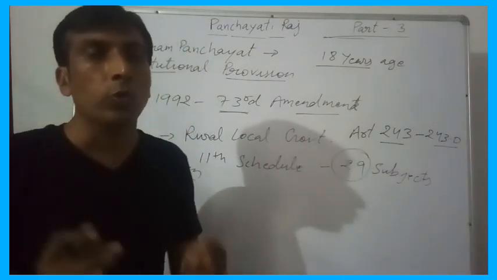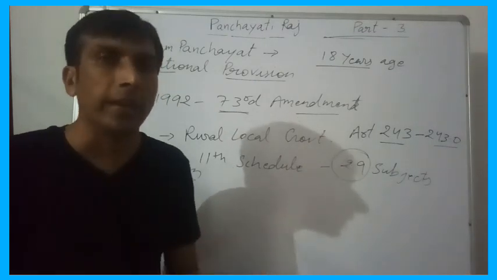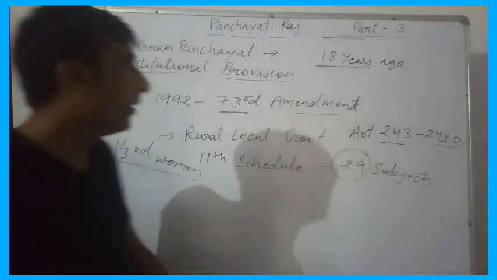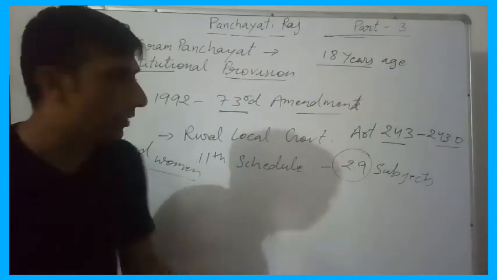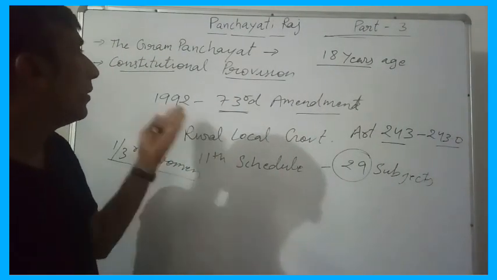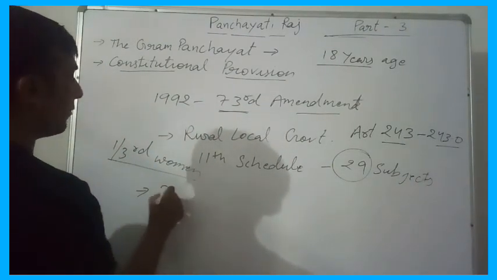So this was called the Rural Local Self Government Act, or 73rd Amendment Act of the Indian Constitution, and this is for rural government or gram panchayats. So these were the changes according to the 1992 73rd Amendment. Now we are talking about the 74th Amendment.